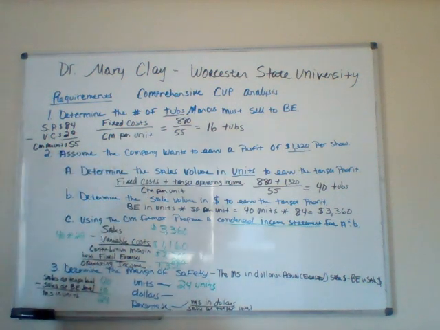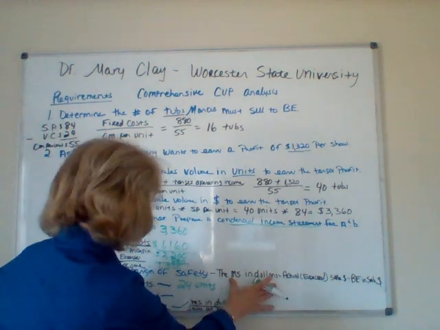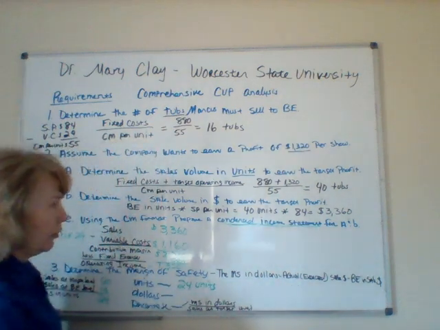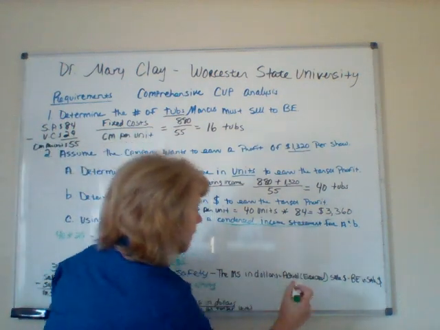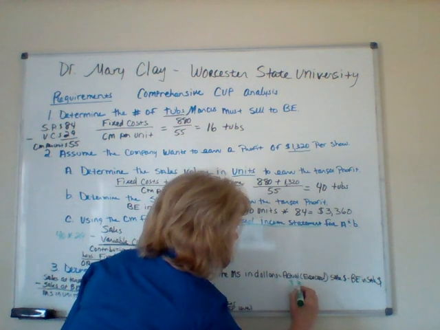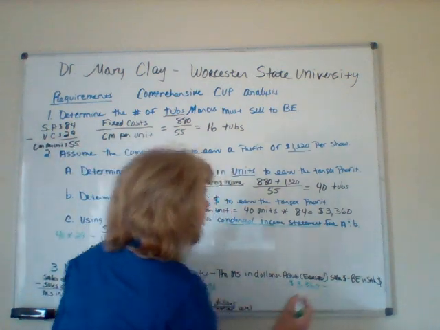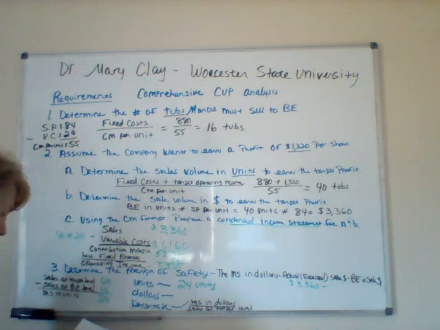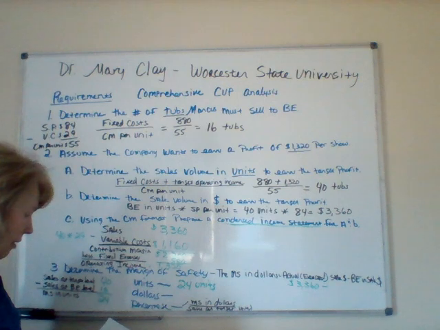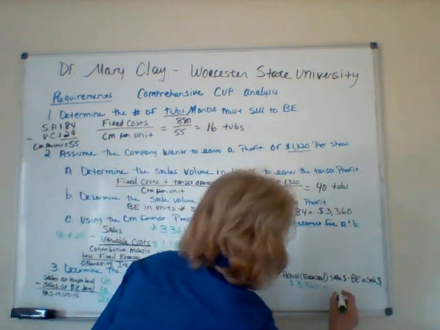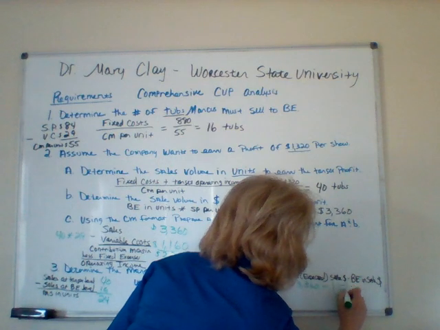Okay, margin of safety in dollars. My margin of safety in dollars is the actual expected. The target that we want is 3,360. We will subtract the break-even in sales dollars. The break-even in sales dollars is 1,344.